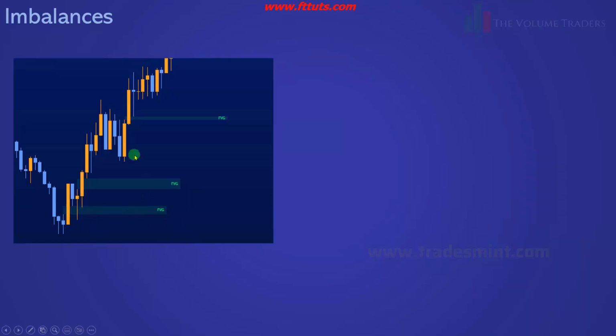Really try to remember that not every area has a fair value gap. I hope you know what it already is: the unfilled area where the wicks didn't meet each other on the three particular candles.